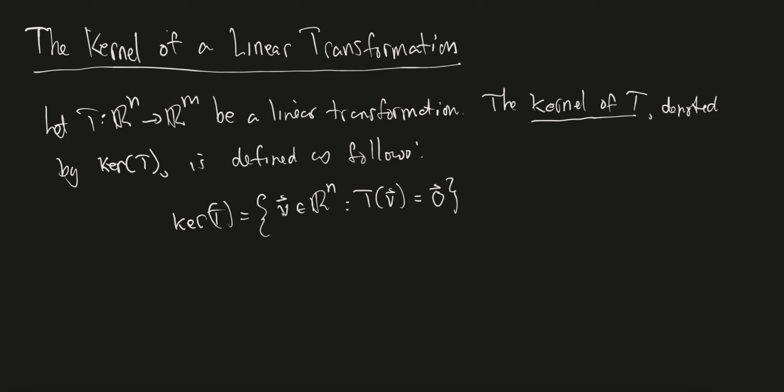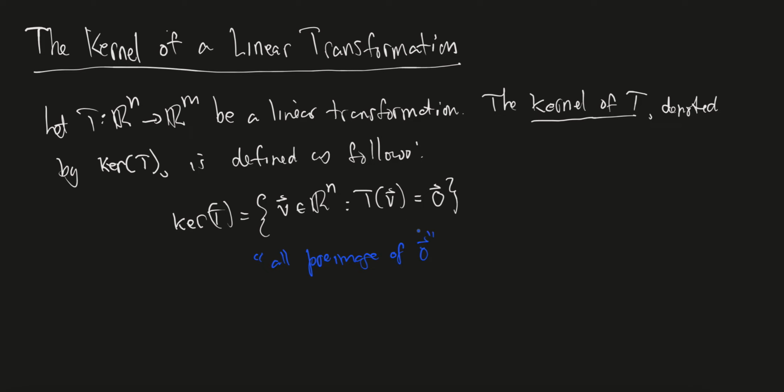And that's the definition. Not overly complicated. So when you look at this definition, what it is saying is all pre-images of the 0 vector, right?